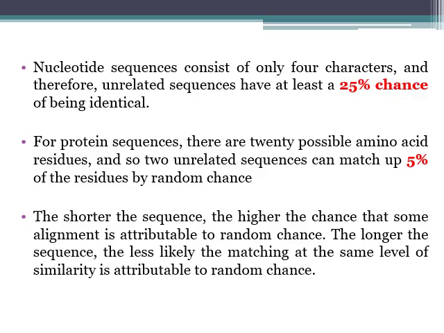The longer the sequence, the less likely the matching at the same level of similarity is attributable to random chance. With shorter sequences, there are high chances that unrelated sequences will also match with each other. But if the sequences are long enough, then there are very few chances that the sequences will align with each other by random chance.